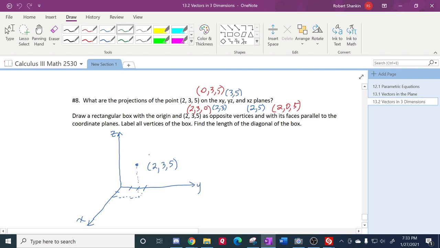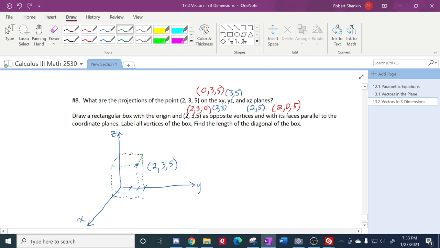And this box I might extend like this, parallel to this one, parallel to this dotted line, over here, and then up here, and then parallel to this. Okay, so there I've got my box, and then all these different coordinates.